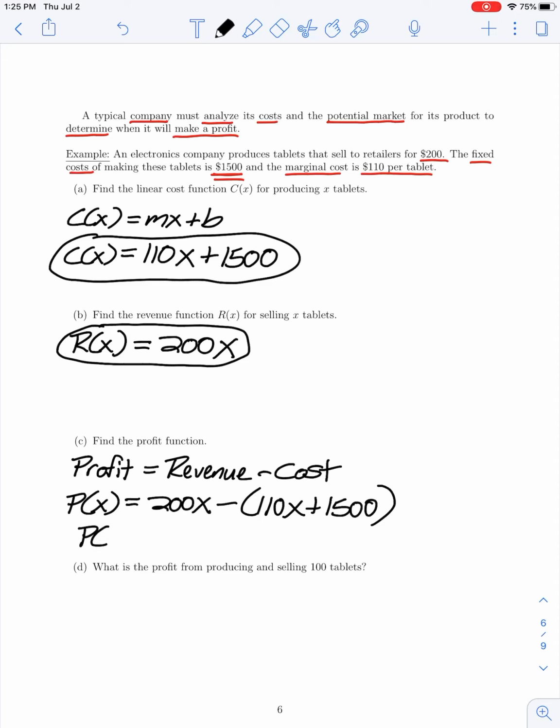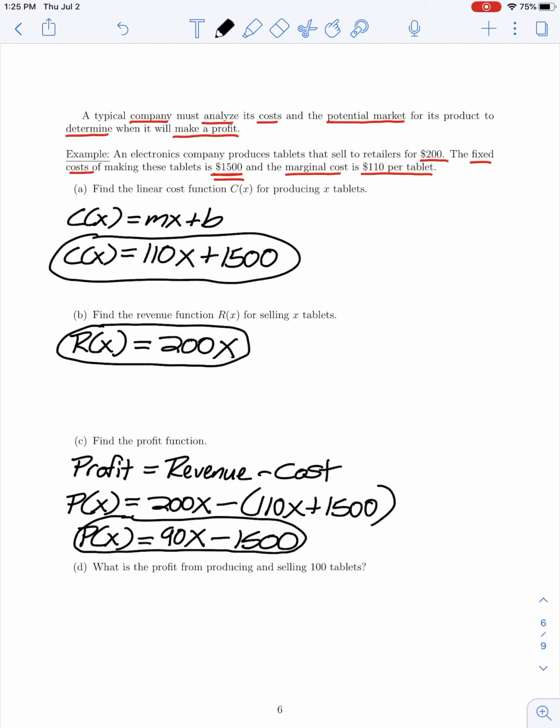So we have P of x equals 200x minus 110x leaves us with 90x minus 1,500. This would be our profit in dollars of producing and selling x tablets.